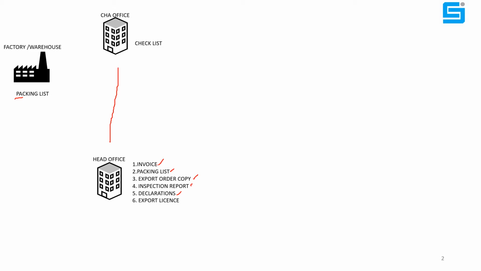What is the checklist? The checklist is a pro forma of the shipping bill. They have software that is linked to the ICEGATE customs EDI system. They will fill all the details in the checklist. I already shared the checklist with you, what comes and what not, what details to be fed in the checklist.